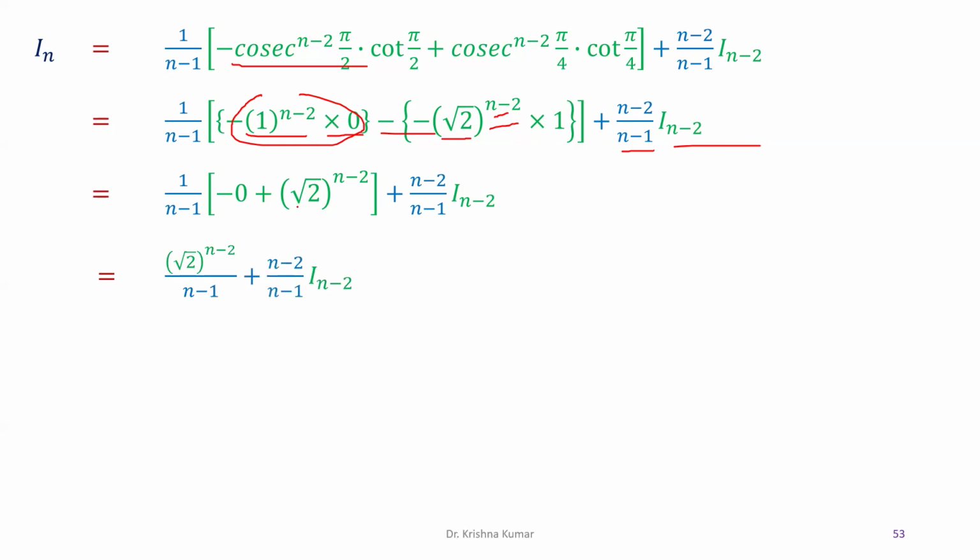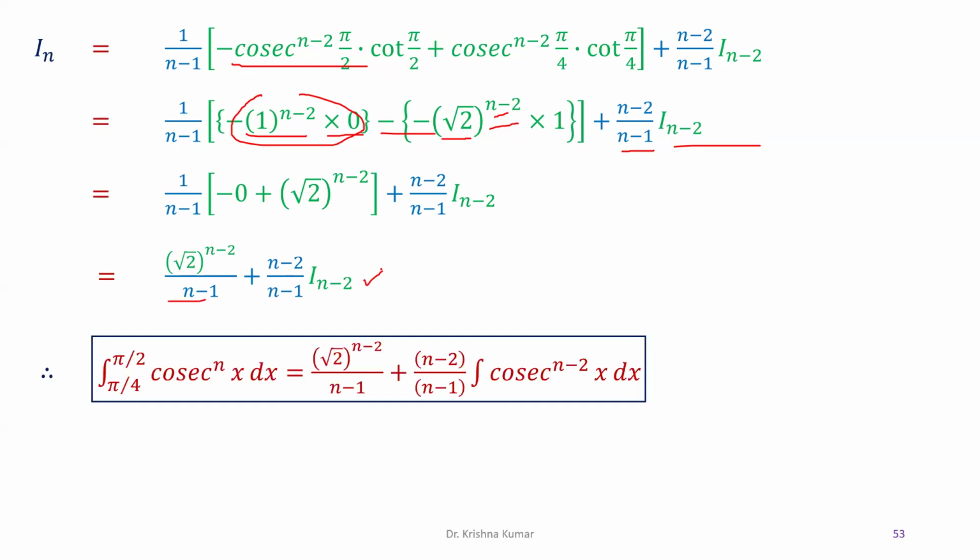It can be written as root 2 to the power n minus 2 upon n minus 1, plus n minus 2 upon n minus 1 into I n minus 2. This is the reduction formula for integration of cosec to the power n x under the limit pi by 4 to pi by 2 with respect to x, which is given by root 2 to the power n minus 2 upon n minus 1, plus n minus 2 upon n minus 1 integration under the limit.